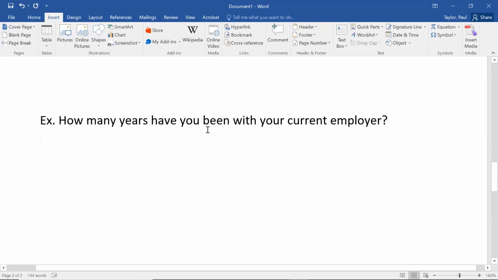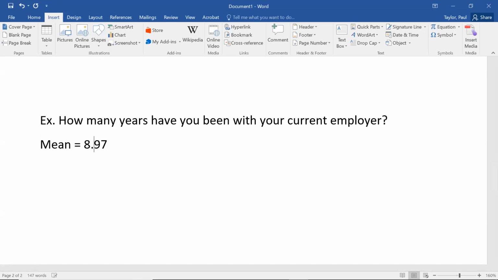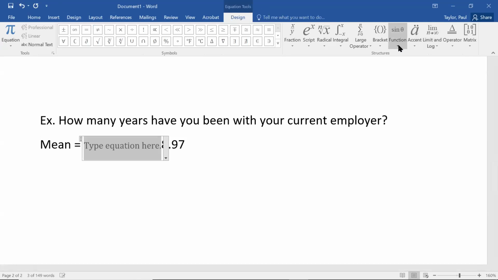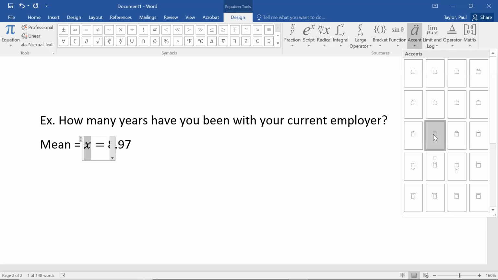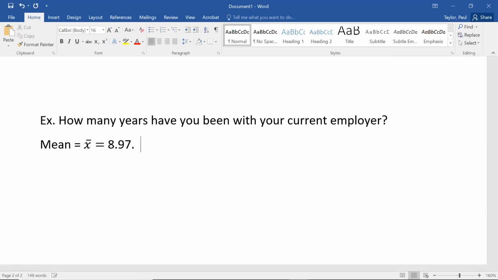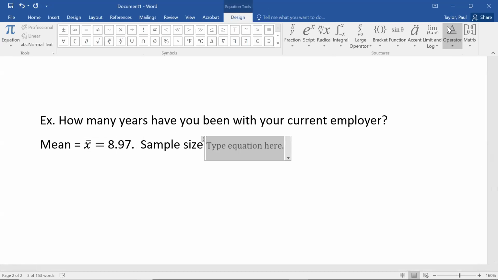I don't have the raw data from the General Society survey for this. What I do have is the summarized data. So the mean was equal to 8.97. That's the sample mean, the mean in their survey, so that's the X with the bar. The sample size, we're using the letter N to indicate that, was 875.